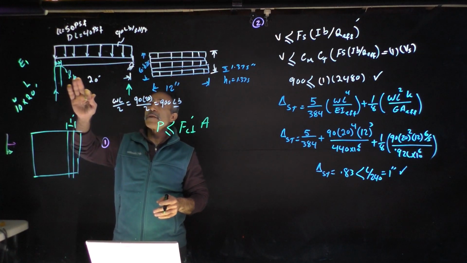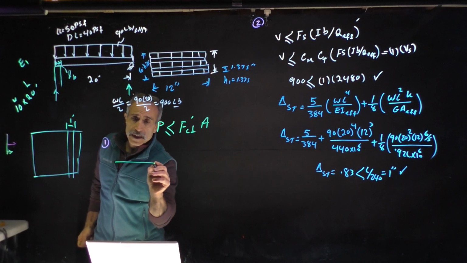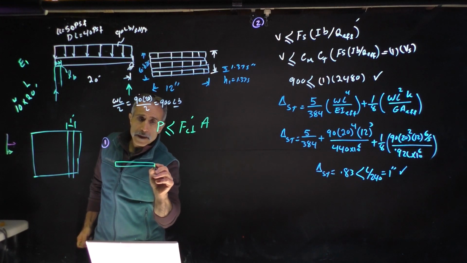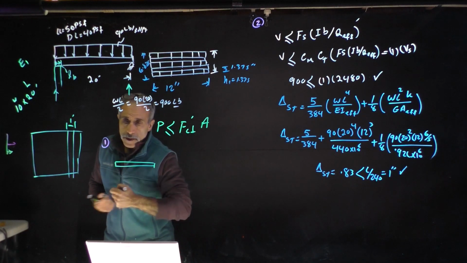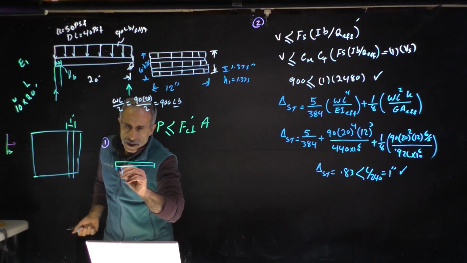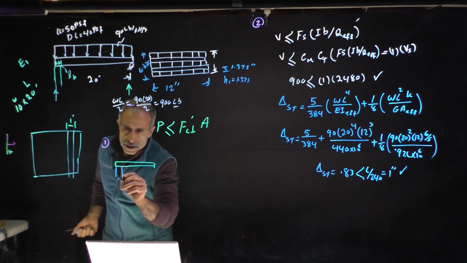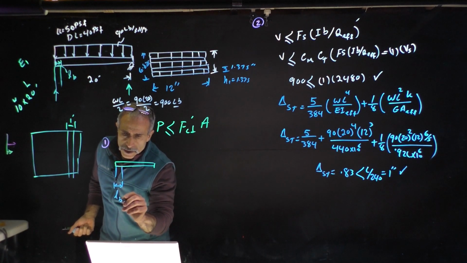So if I'm going to have this panel right here, it's going to rest on this ledge right here. That's what I'm going to worry about. This distance, that's my bearing, that's my LB.